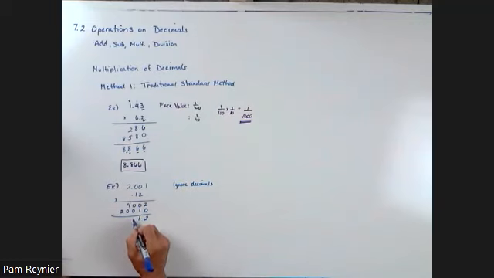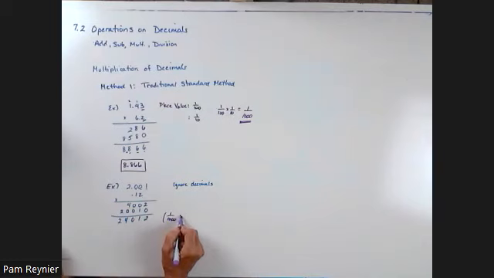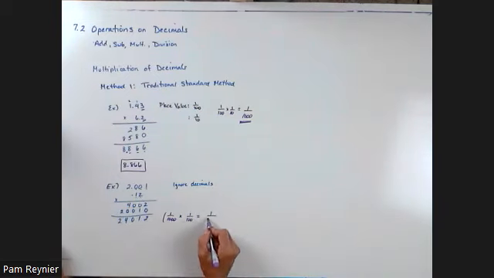When we find this sum, we're done. But now we need to figure out what our final answer is going to be. So let's look at what we had. Our first number was 2 and, let's see, that's tenths, hundredths, thousandths. Times tenths, hundredths. Well, that's going to give me 1, 2, 3, 4, 5. That's going to give me 1/100,000.